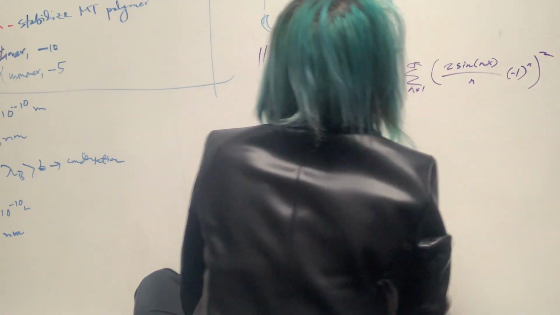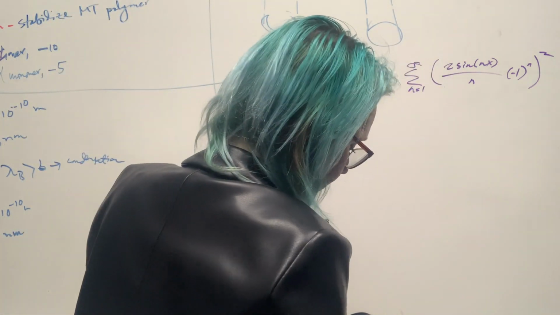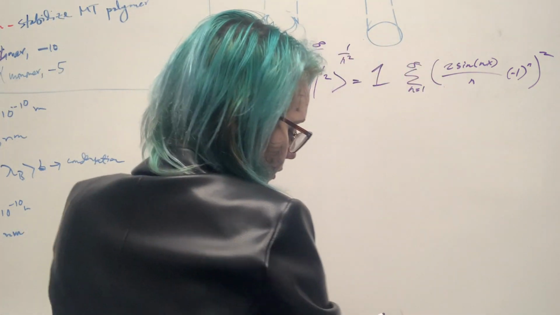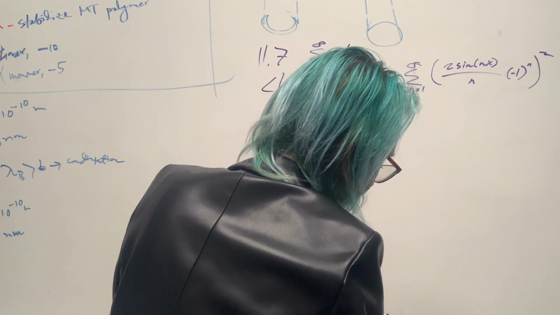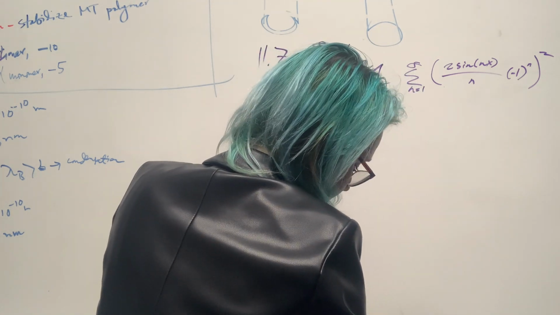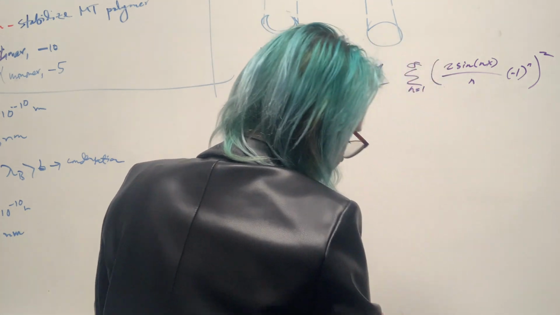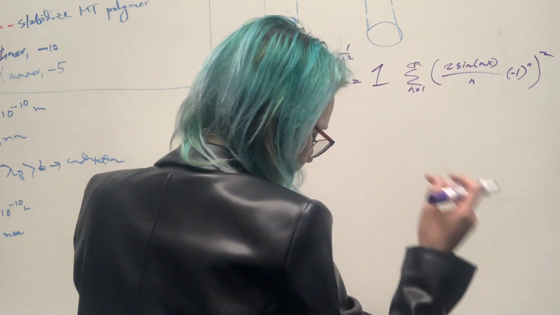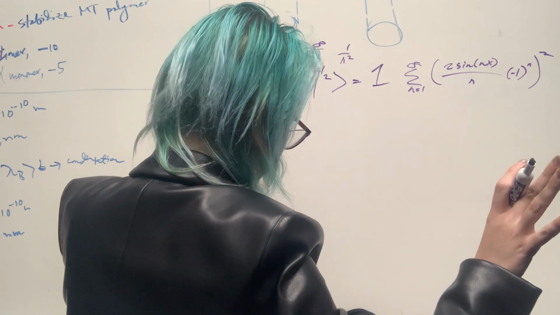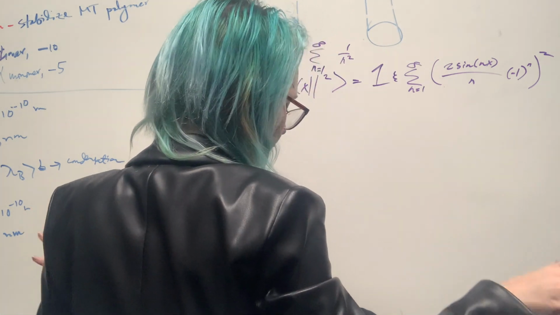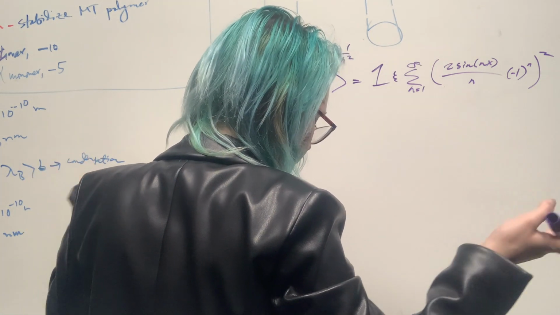Very fun, very cool. And that's a 2. That's squared, I promise. So from here, we need, from our problem, we have a square.